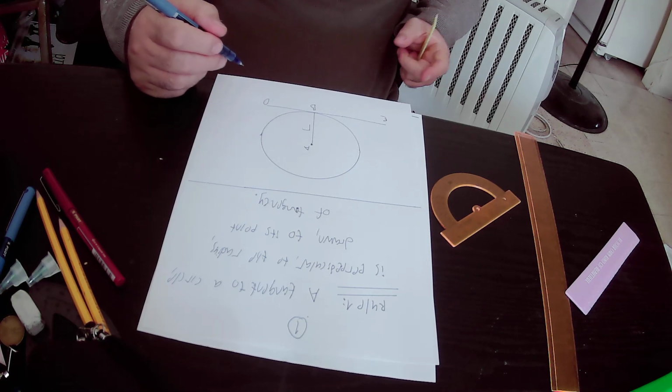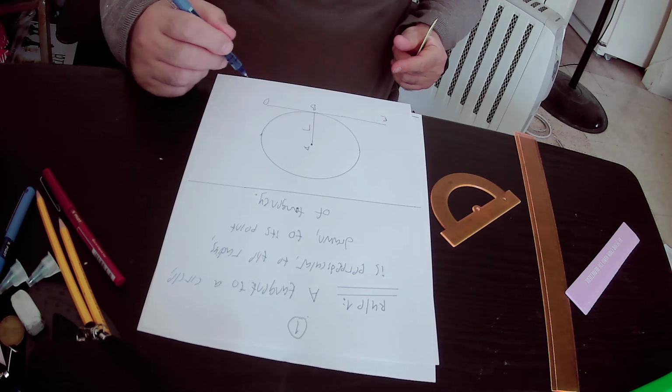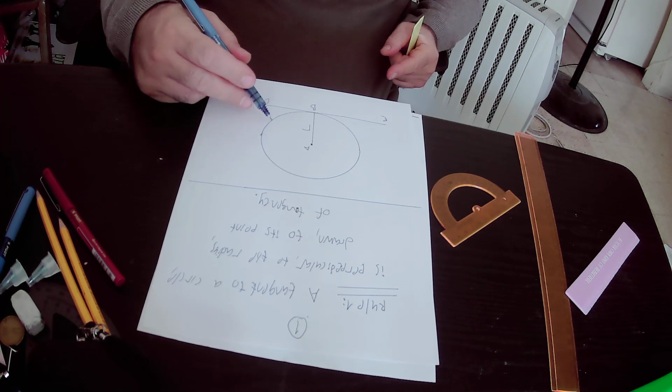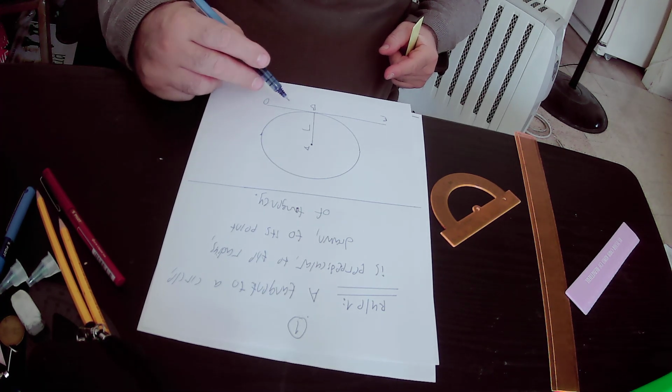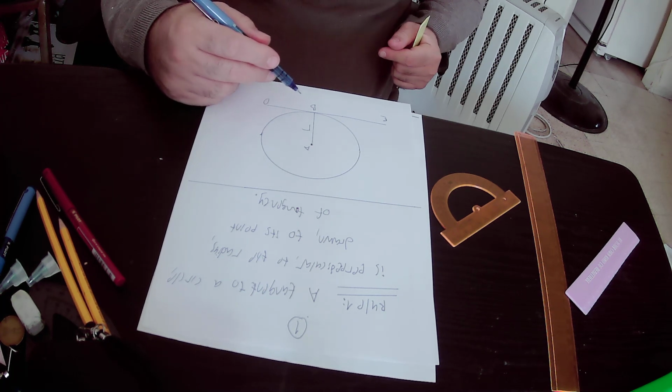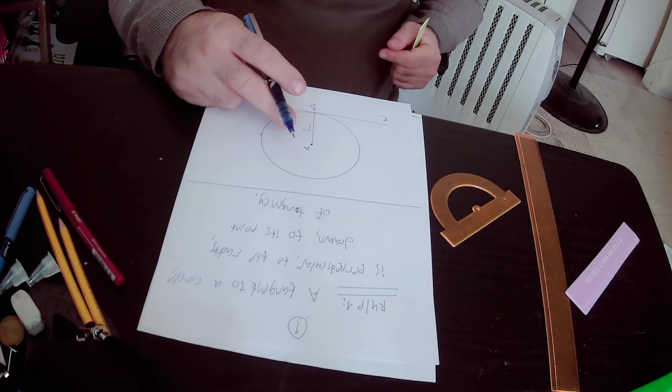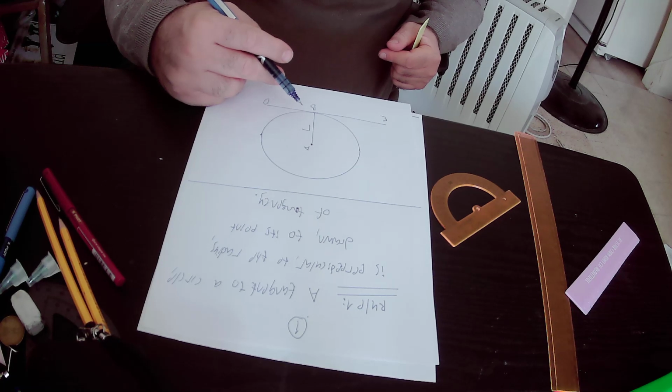Then, according to rule number 1, the tangent CD to this circle, that is tangent to this circle at point B, is perpendicular to the radius drawn to its point of tangency.